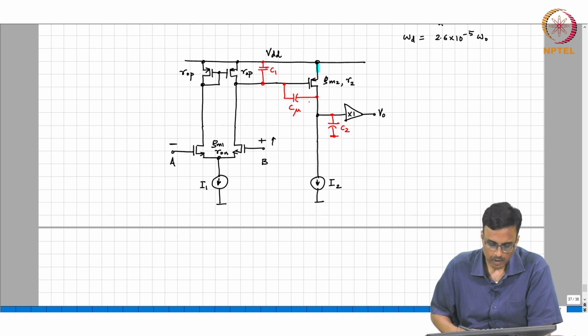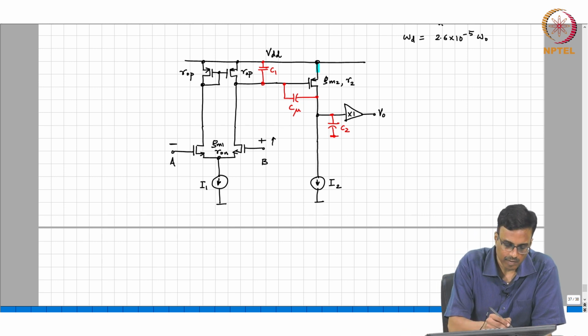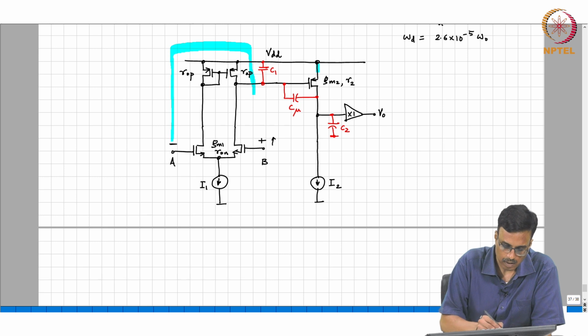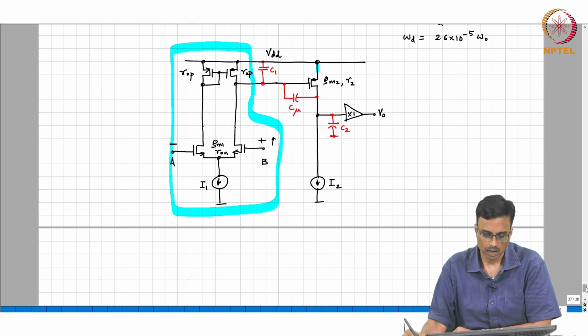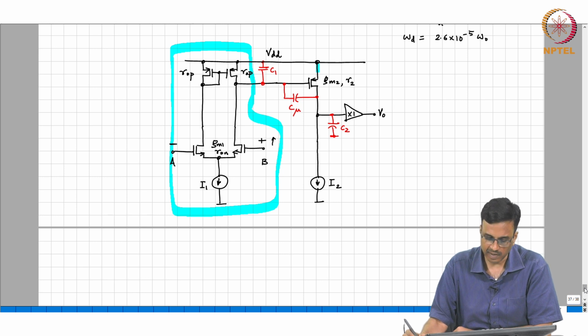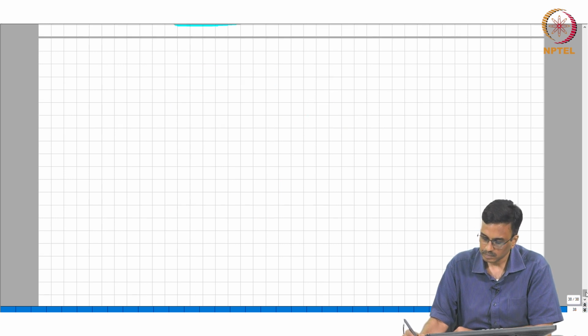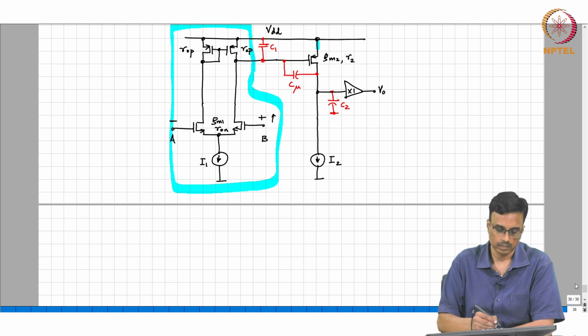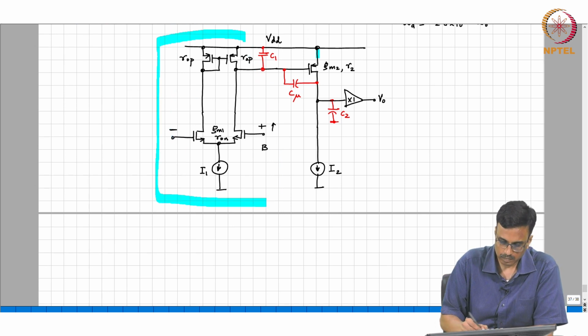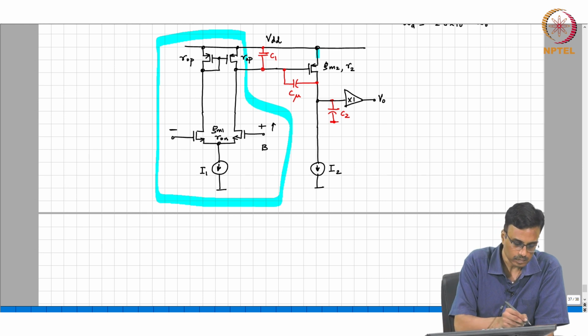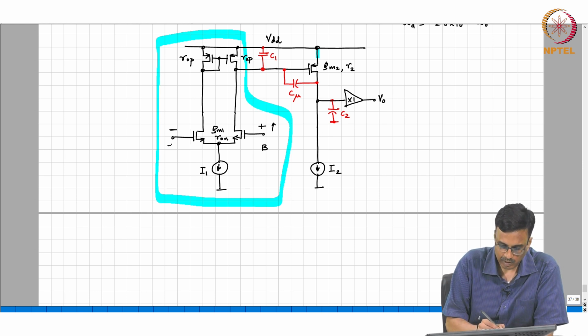Okay. Now, what is the model for the first stage? Remember, what did we say was the DC gain? So, let us call this minus Vi by 2, this is Vi by 2.